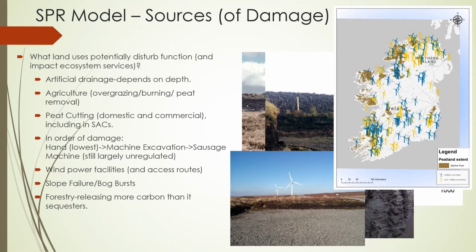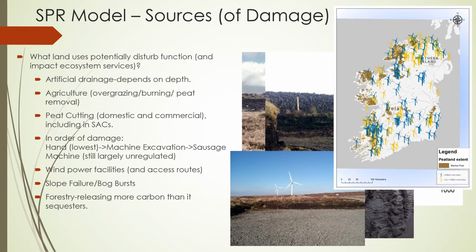And then finally we've got other things as well. We've already seen an example of bog burst, and more widespread than that again we have issues related to forestry, with some studies indicating that although forests are sequestering carbon, because of the changes to the bog's hydrological regime, more carbon is actually being released than sequestered.